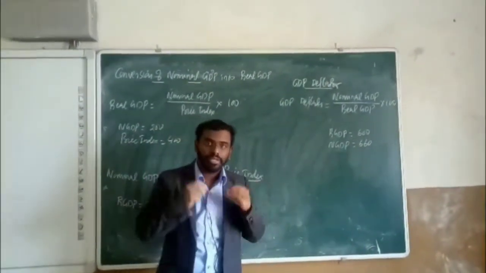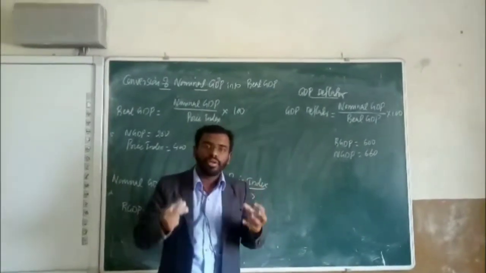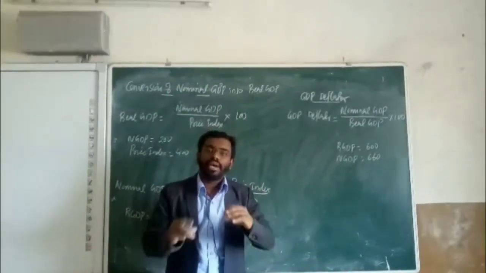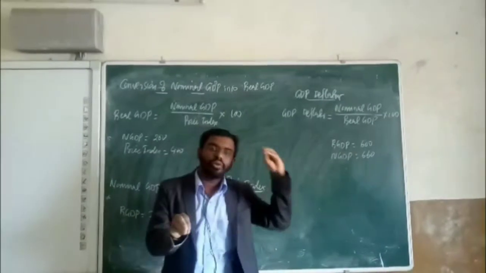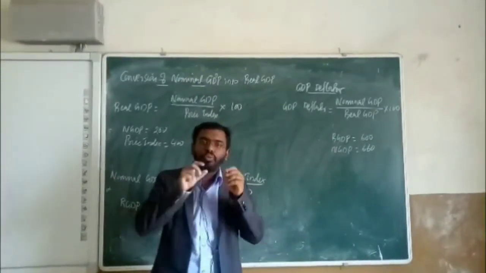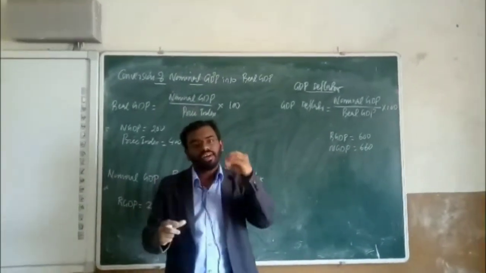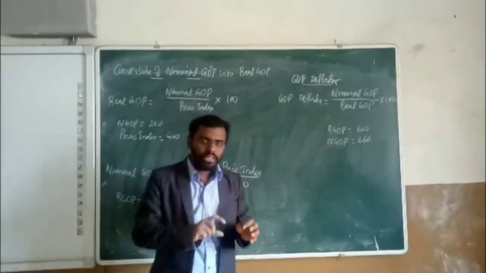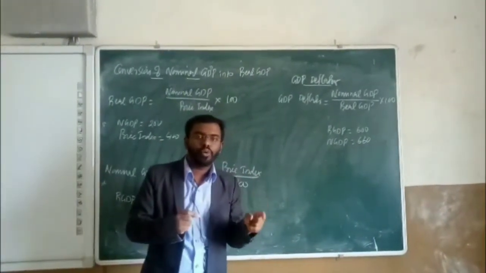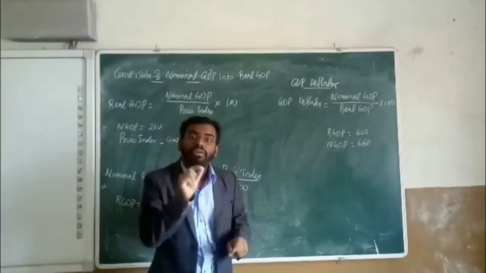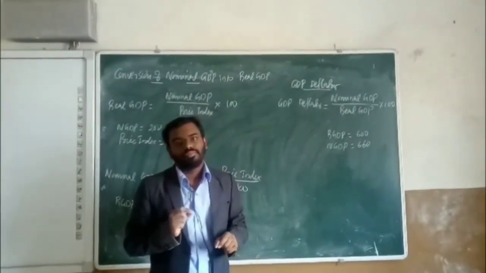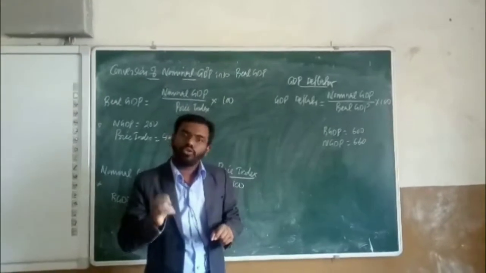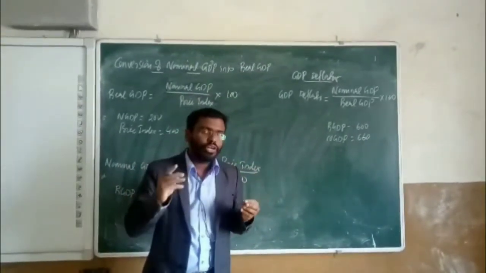If we get nominal GDP, then how can we convert that nominal GDP into real GDP? And if we get real GDP, then how can we convert that real GDP into nominal GDP? For converting these, we require a price index. Price index you will get in the question, no need to calculate it.